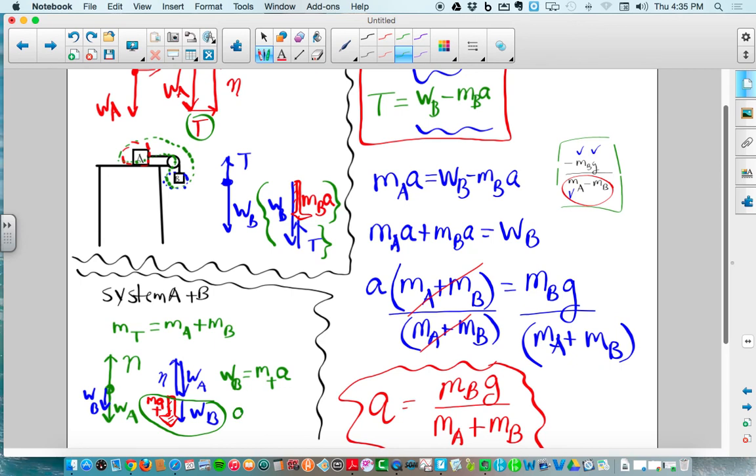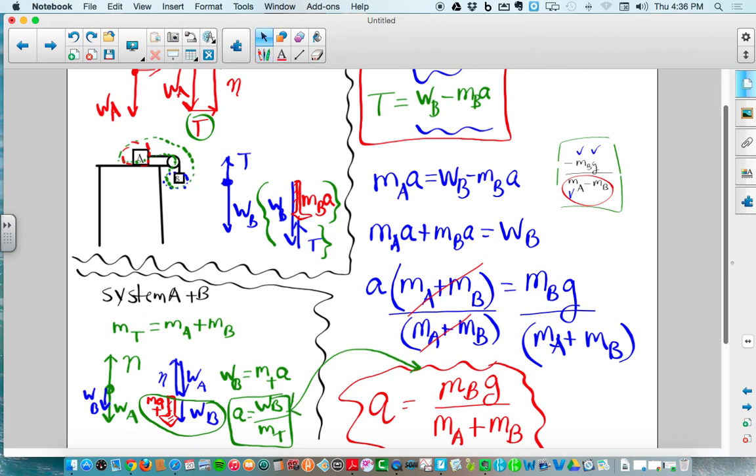And so therefore the acceleration has to equal the weight of object B divided by the total mass. Oh my gosh, this is identical to that. So if I combine system A and B into 1, it still works out.